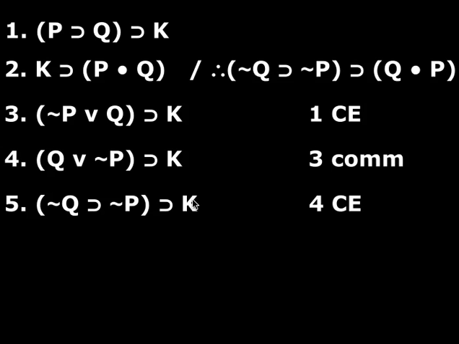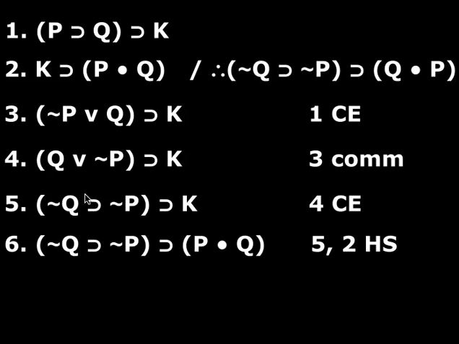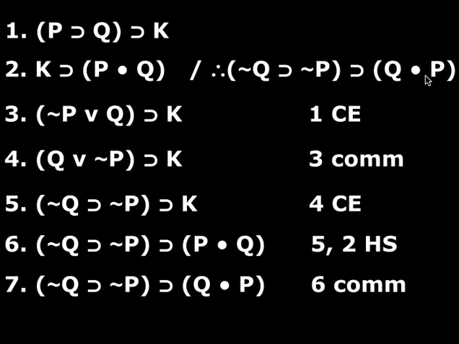This consequent matches that antecedent. So I can get a new conditional that has this antecedent and that consequent. If not Q, then P and Q. Now all I have to do is swap the order of P and Q to get Q and P by commutation on line 6. And I'm done with the proof.